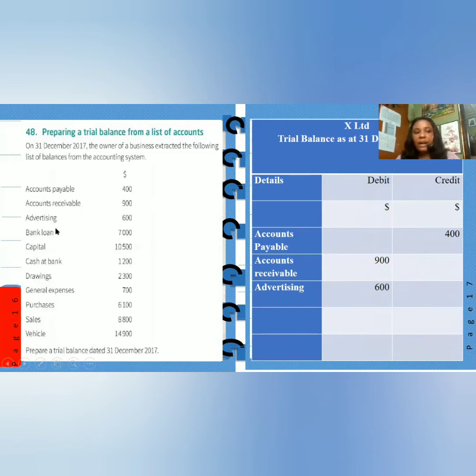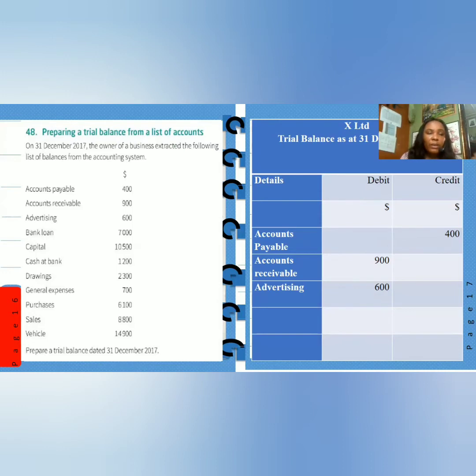The next item we have here on the screen is our bank loan of $7,000. Bank loan. Remember, I should have pointed this out. Refresher. So you have your assets, which are things of value that the business owns. The business owns these things, right? And you have your liability, which is what the business owes for.